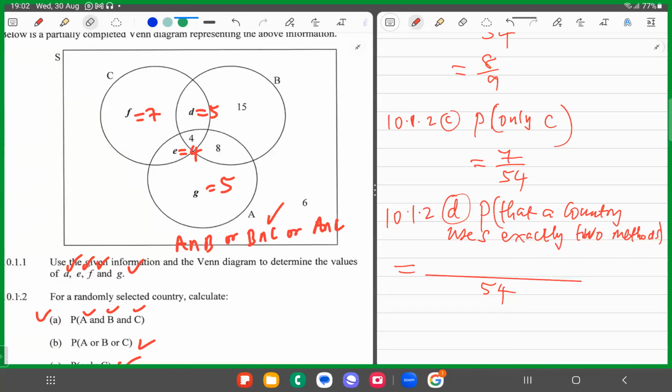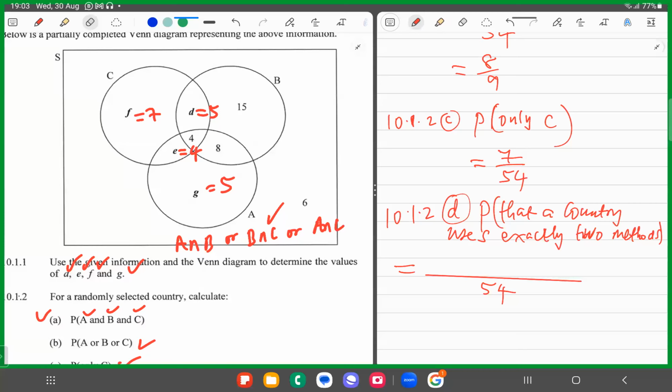We continue with our calculation. So the probability that the country uses exactly two methods, as said, either A and B, or B and C, A and C. What is then the probability, rather, how many countries are there in those intersections?